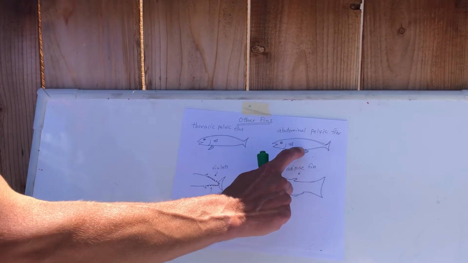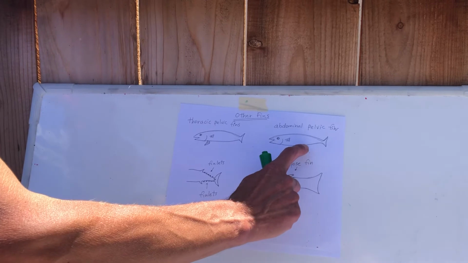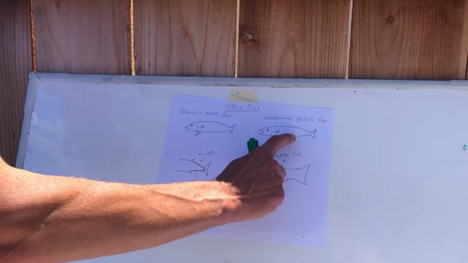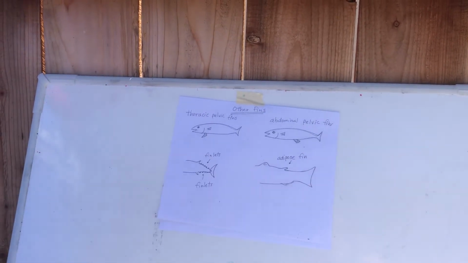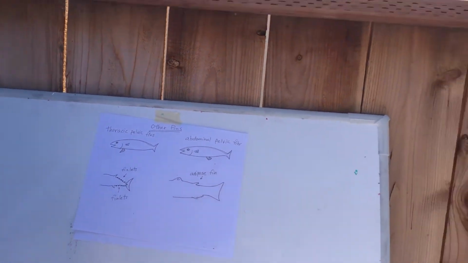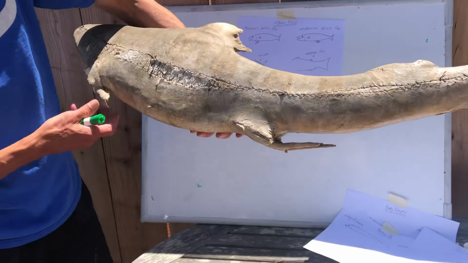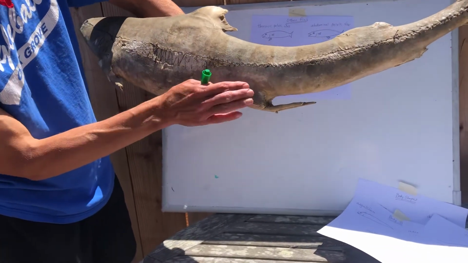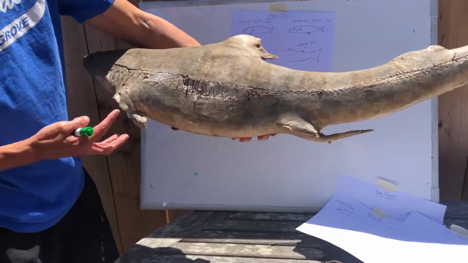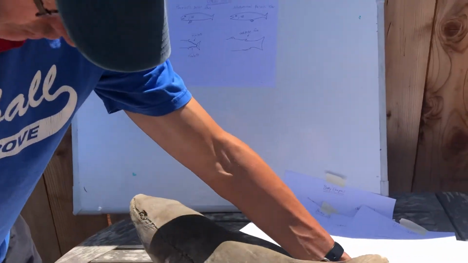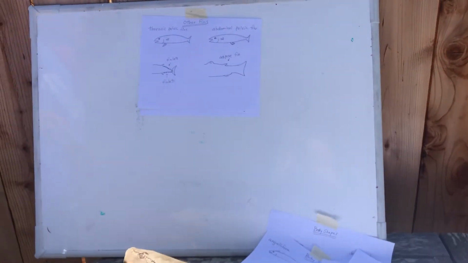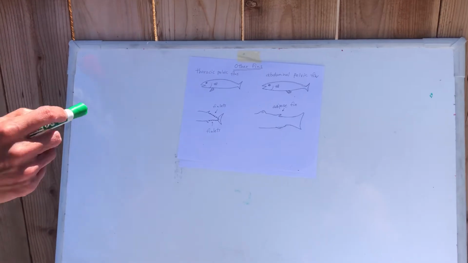And if the pelvic fins are back further on the body, sort of on the stomach of the fish, then they're called abdominal. An example of a fish with abdominal pelvic fins would be this here. The pelvic fins are way back here on the body, not up near the head, versus, well, these ones don't really have those fins.